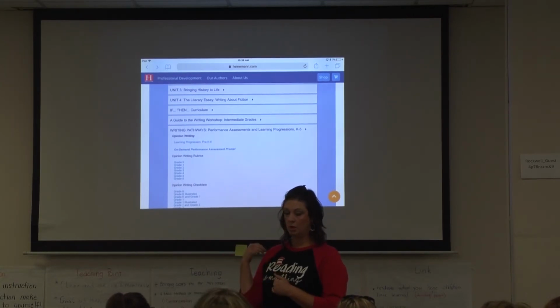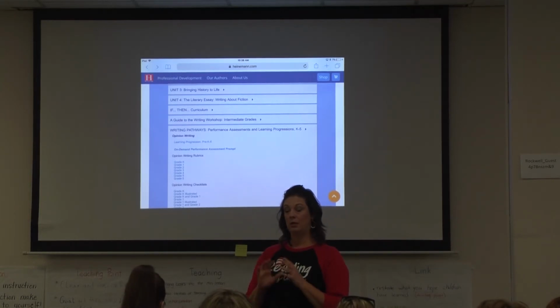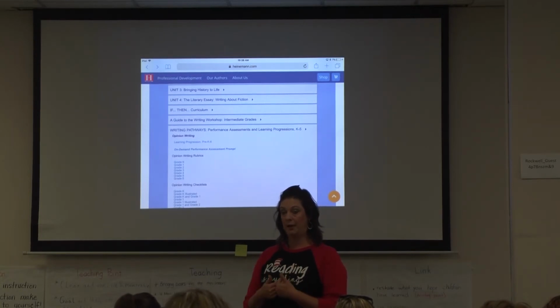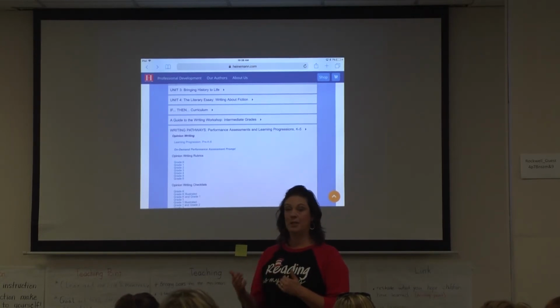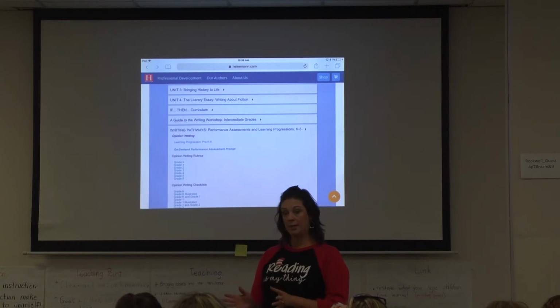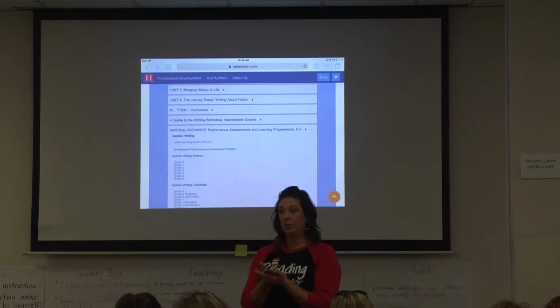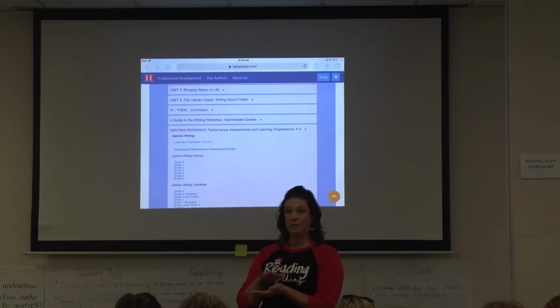The other thing that they're really big on at Teachers College is the idea of professional collaboration. In order for you to meet as a grade level and look at all the writing samples that you have, it has to be consistent. If you're wanting to do some professional development and improve your teaching by looking at writing samples as a professional learning community, then it's very important that you have that consistency, so the playing field is level.